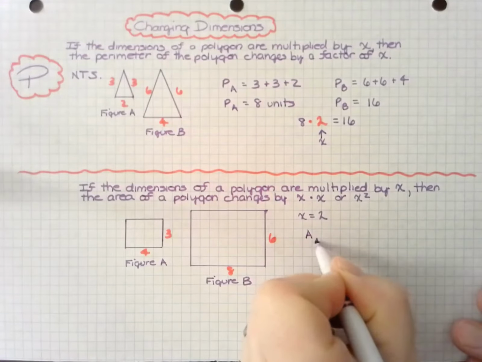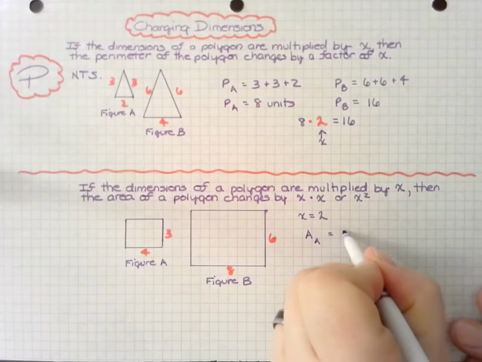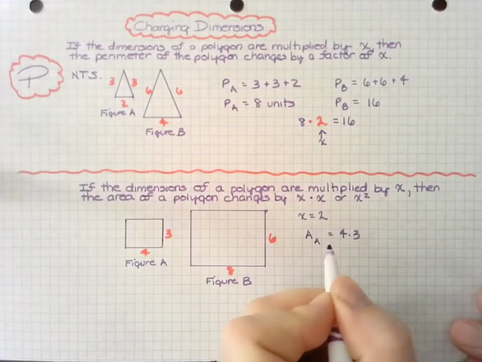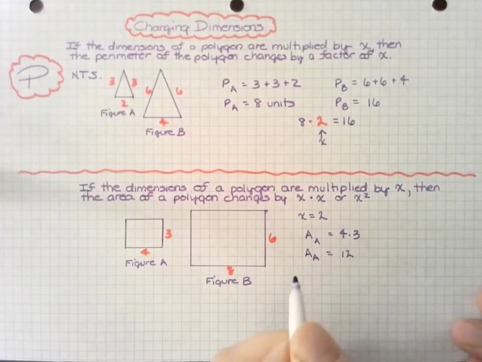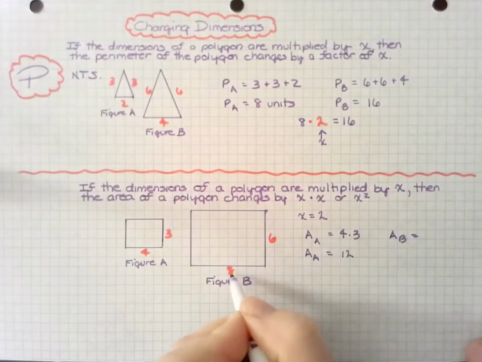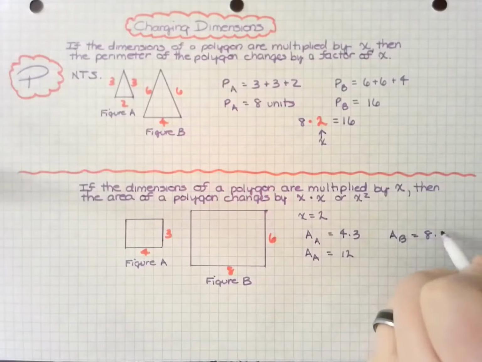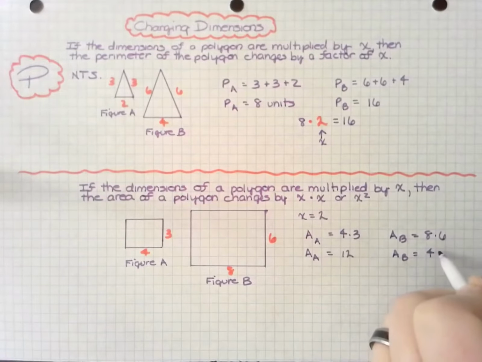So the area of figure A is equal to 4 times 3, which is equal to 12. The area of figure B is equal to 8 times 6, which is 48.